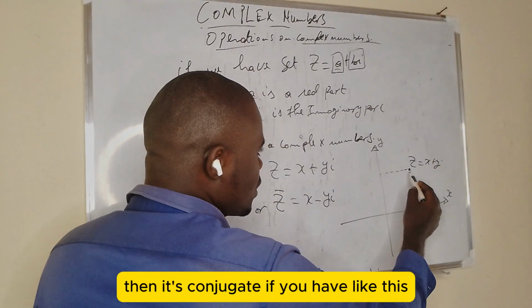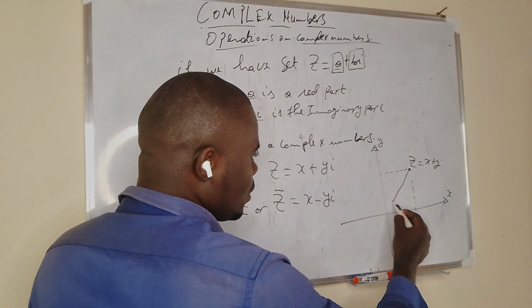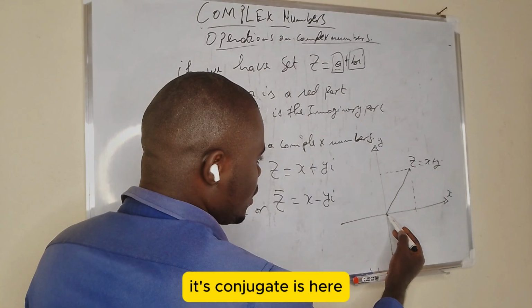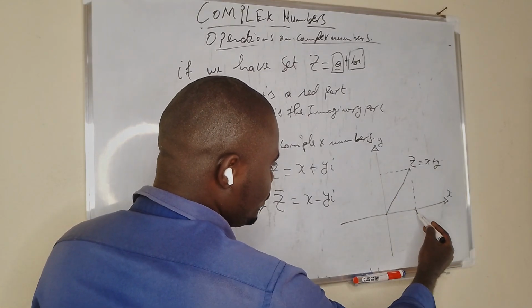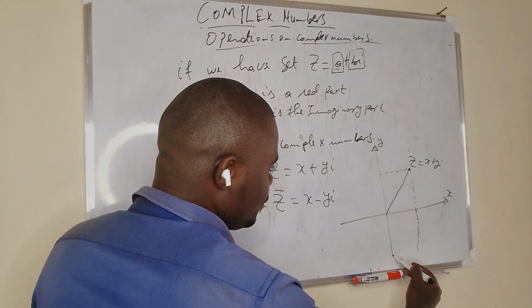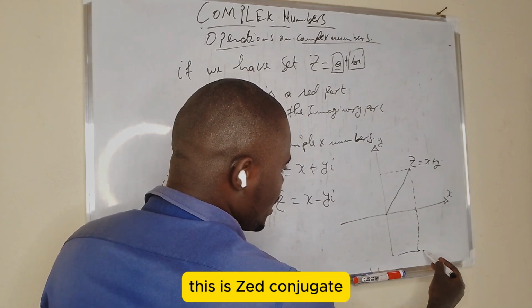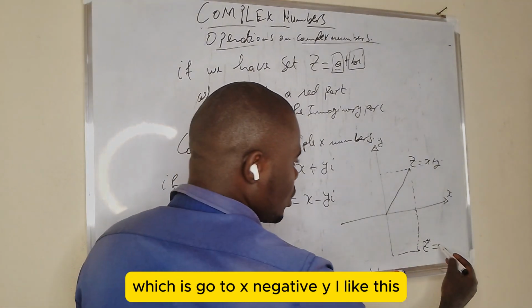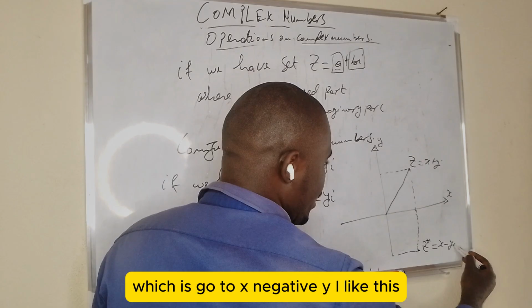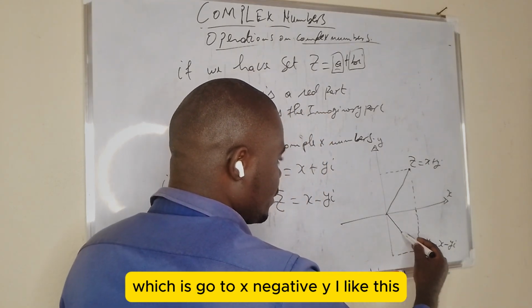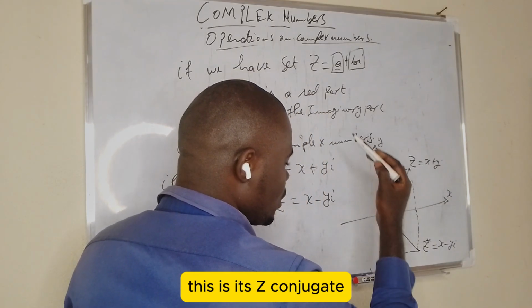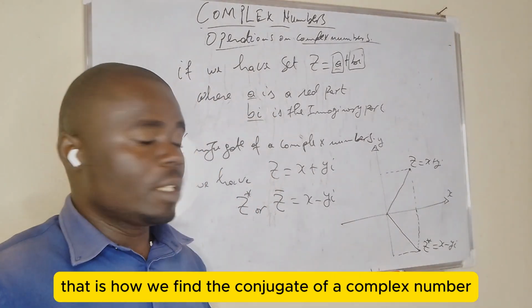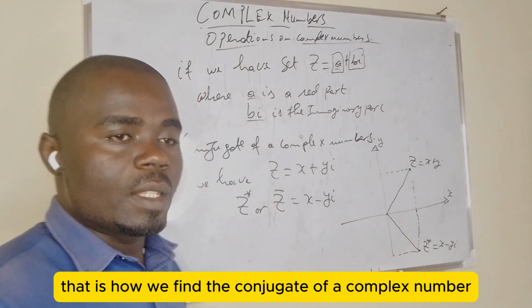Then its conjugate is down here. This is Z conjugate, which is equal to X minus YI. That is how we find the conjugate of a complex number.